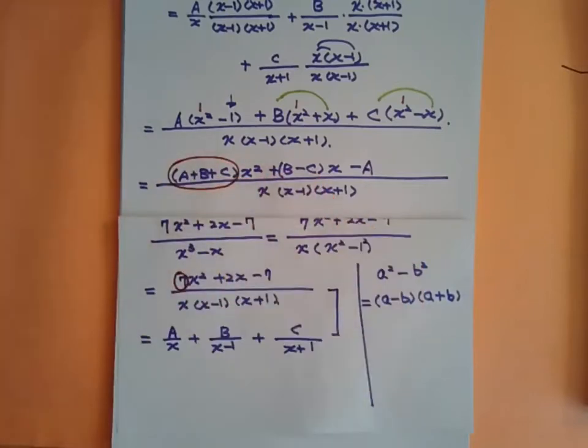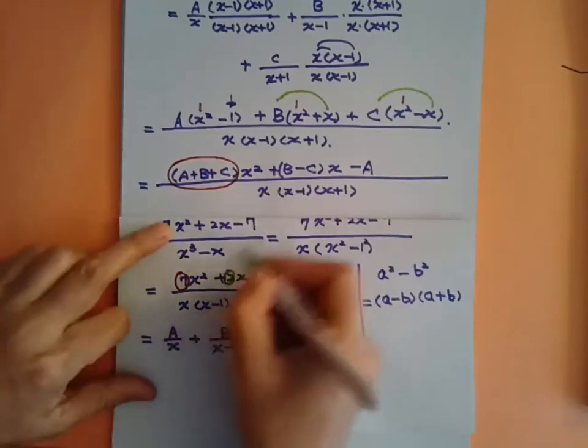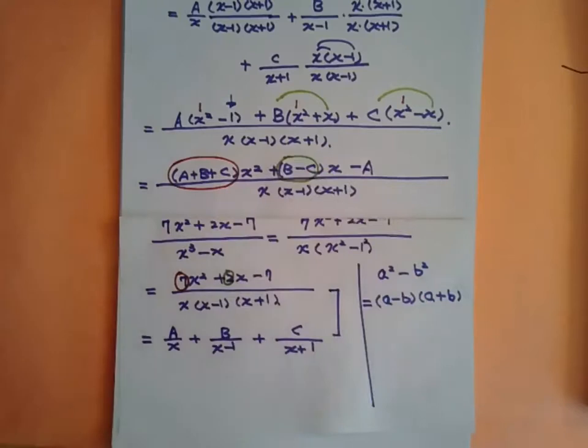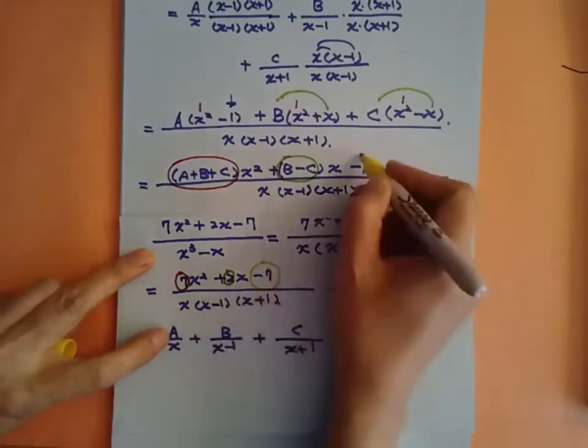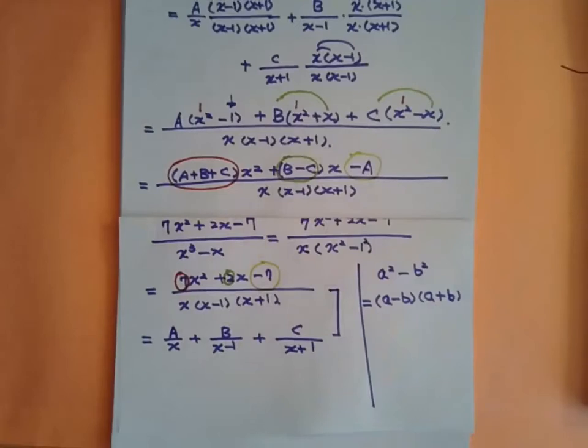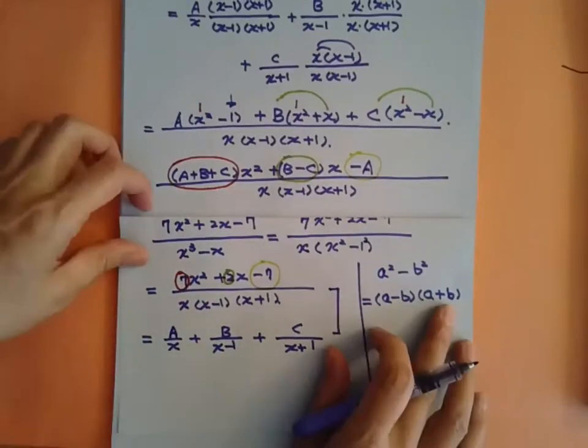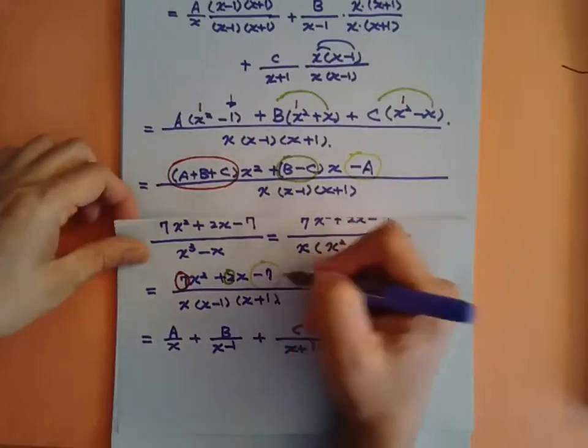And the coefficient of x is 2, but it became b minus c. And then the constant term was minus 7, and it appeared as minus a, right?